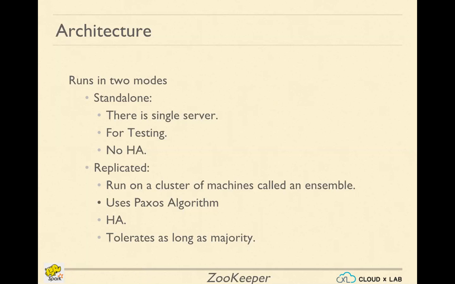In both the cases, we always had something like a master slave model. In case of YARN, we had the master called resource manager, right? RM. That was the master, and the node managers were basically kind of slave.